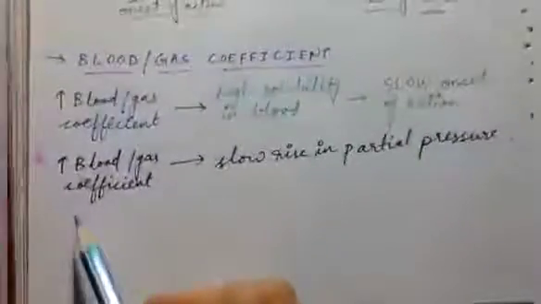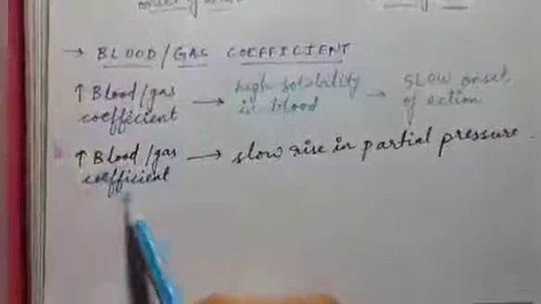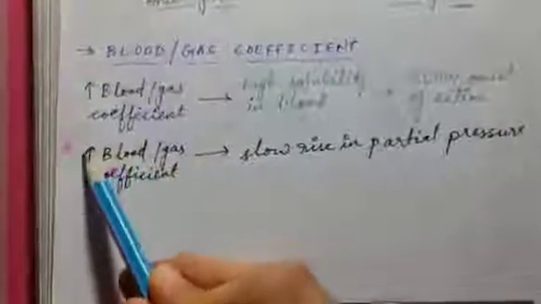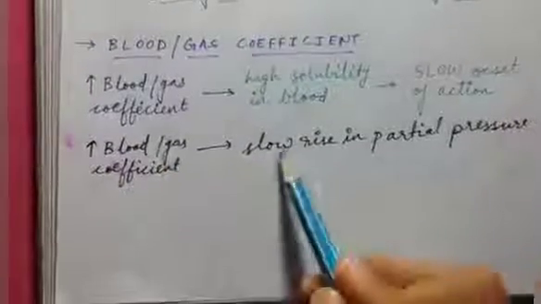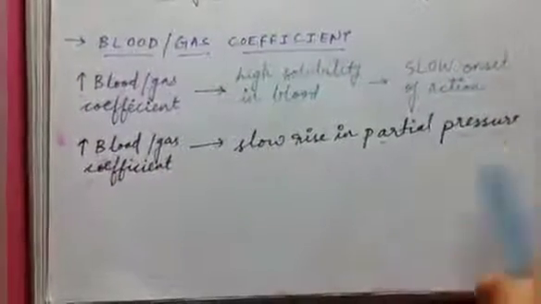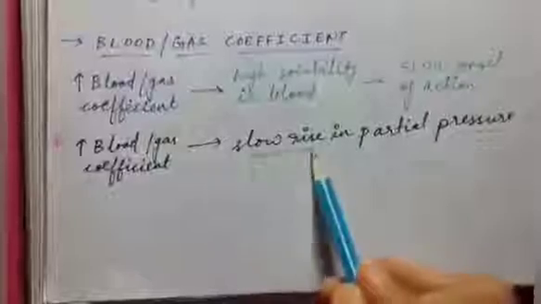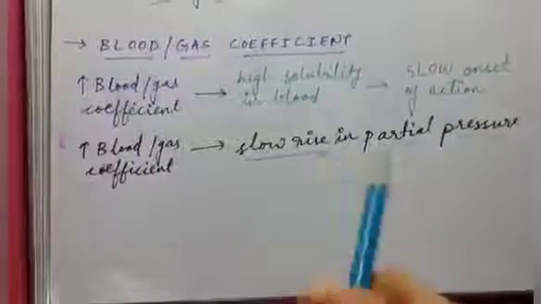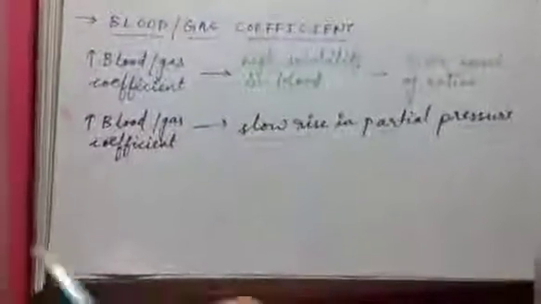Now another point to remember is that if the blood gas coefficient is higher, that is, if the drug is more soluble in the blood, the partial pressure will rise slowly. Again, this is another confusing thing for everyone. So let's take an example to understand it.